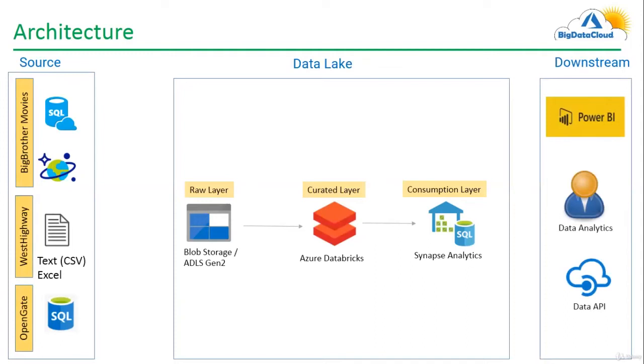Downstream is nothing but our Power BI reports, data analytics, or data API. So data analytics and data API are shown here apart from Power BI. So we all know that Power BI is a reporting tool, it's a visualization tool.